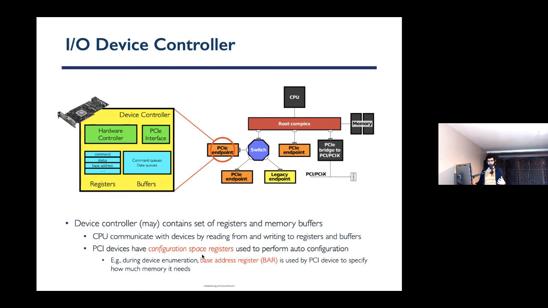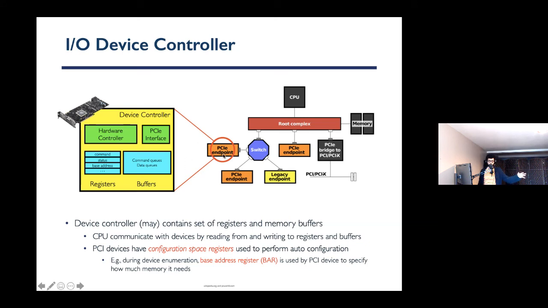At that time, the CPU writes to these configuration space registers, basically telling the device that it got this range of physical memory. Because the device is on the same path to memory, it can observe the reads and writes coming to memory for a certain address range. If I know those address ranges are assigned to me during system initialization, I know the CPU is actually talking to me, not the memory. So that's a great way of setting up the device.